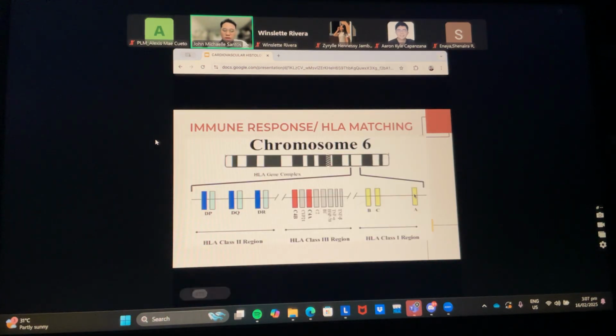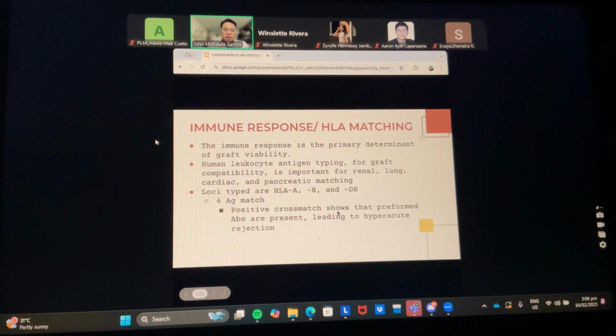So you have your HLA-A, 1, HLA-B, so 2, HLA-C, which is your pangatlong antigen, and then your HLA-DP, DQ, and your DR. So 6 yan. Dapat ma-match ka sa 6 na to para maging successful yung transplant mo. Okay? So positive cross-match shows that preformed antibodies are present, leading to hyperacute rejection.